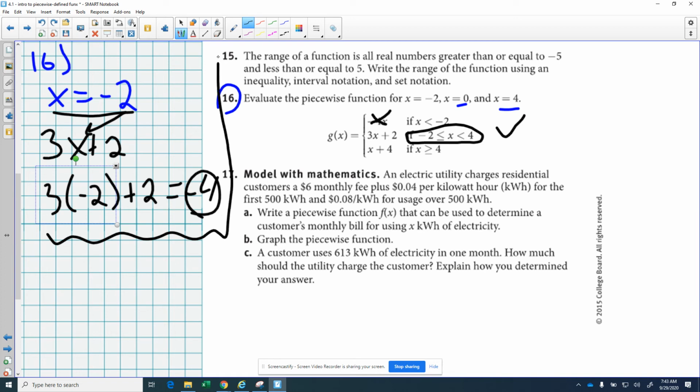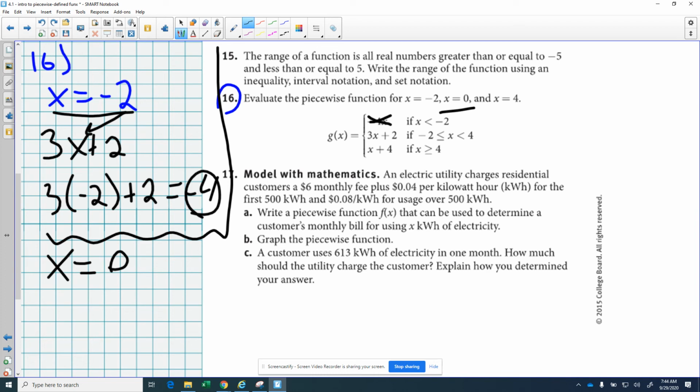Notice all I'm really trying to do for these problems is think, where does my actual value fit? For the next one, let's talk about x equals 0. Same thing, I have to think, where is this value going to fit? If I go down the line, the first one, once again, x has to be less than negative 2. That one's not going to work.